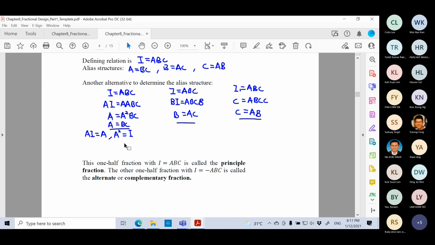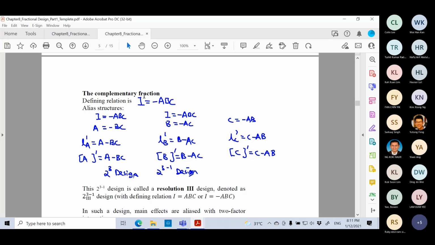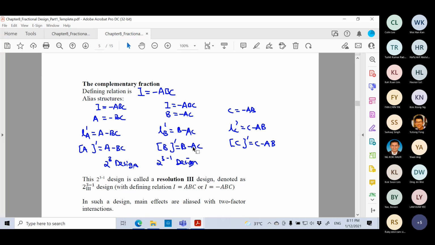Okay, so I showed you only the one half of the fraction. You still have another half. That one is called the alternate or complementary fraction, with the negative sign here. So basically, you can run the positive side or you can run the negative side. The complementary fraction is also a similar thing.